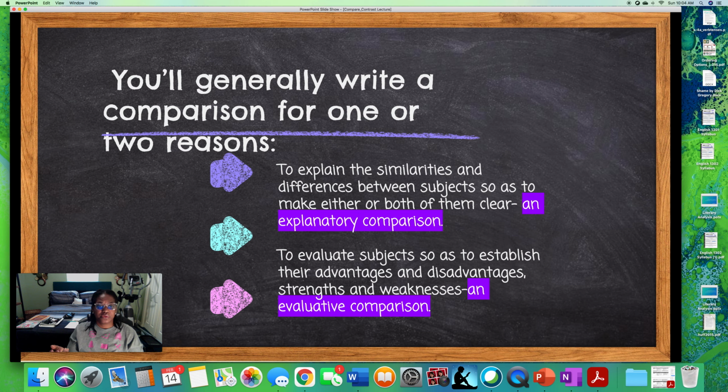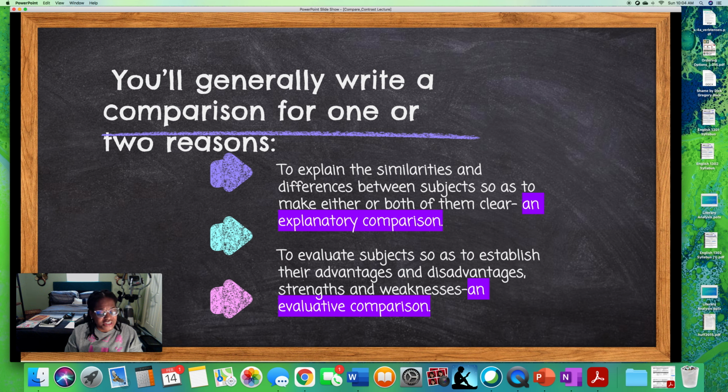Generally, when you write a comparison, you're going to write it to explain the similarities and differences between a subject so as to make both of them clear, right? You can do this in one of two ways. You can do it in an explanatory comparison, or you're going to evaluate the two subjects.